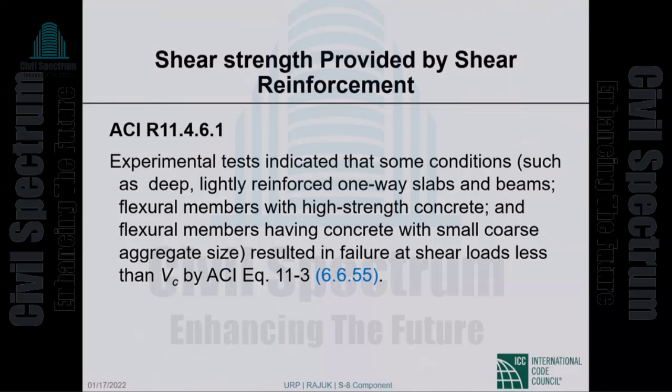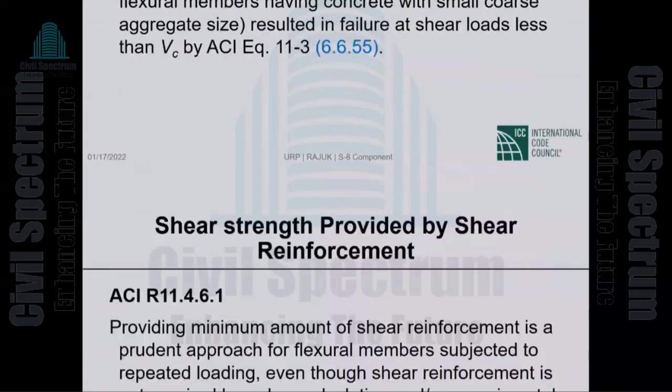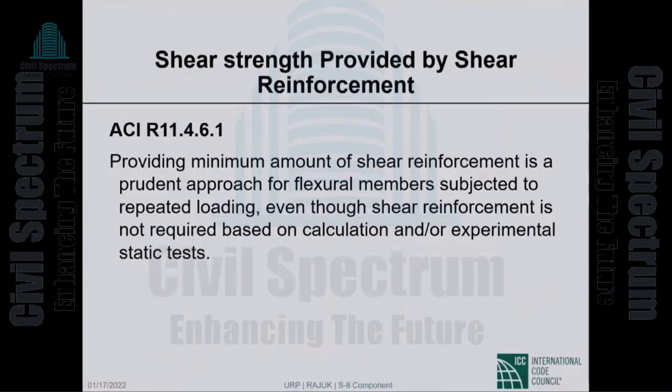Experimental tests indicated that some conditions such as deep, lightly reinforced one-way slabs and beams, flexural members with high-strength concrete, and flexural members having concrete with small coarse aggregate size resulted in failure at shear loads less than V sub c, and this is why most of the time we provide shear reinforcement as soon as V sub u exceeds 1/2 of phi V sub c.